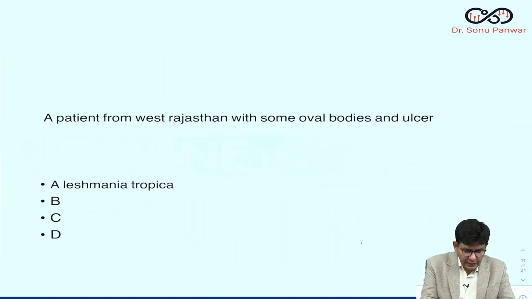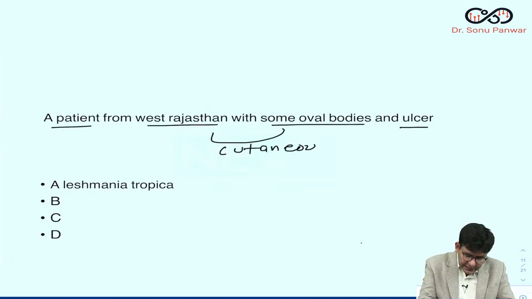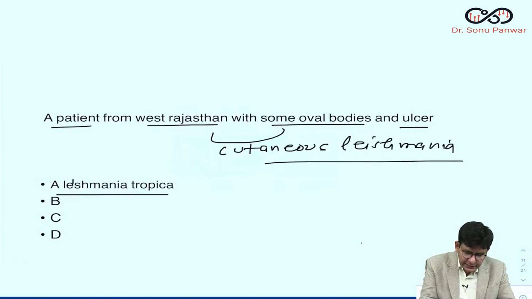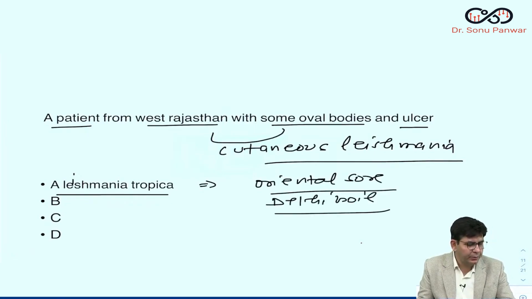Then this I was talking about before, the patient from West Rajasthan shows some oval bodies and ulcer, and this is a typical history of cutaneous leishmaniasis, and this particular one is caused by this species of Leishmania, that is Leishmania tropica, and the disease is termed as oriental sore, Delhi boil or Baghdad boil, also termed as Aleppo button.